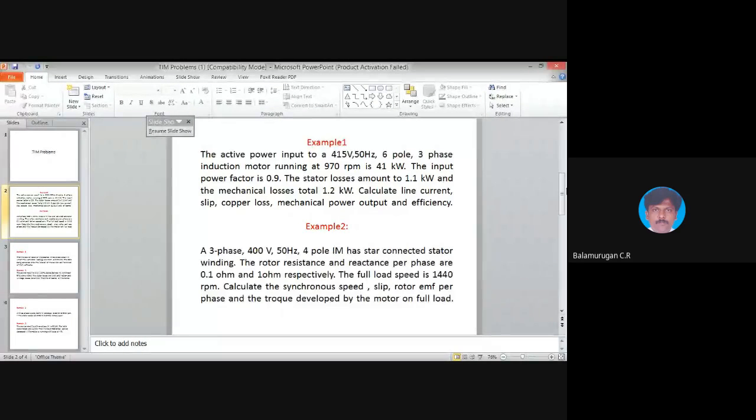So these are the data given. VL equal to 400 volt, frequency equal to 50 hertz, poles equal to 4, R2 equal to 0.1 ohm, X2 equal to 1 ohm, N equal to 1440 RPM.